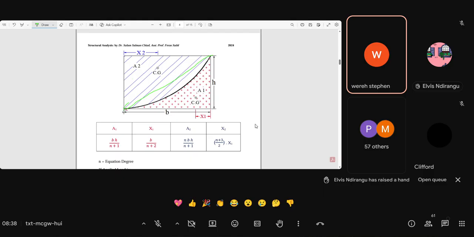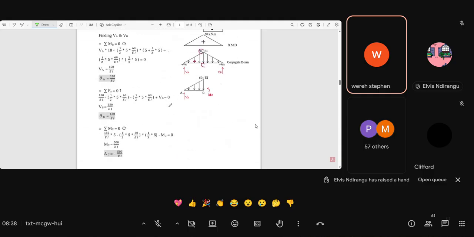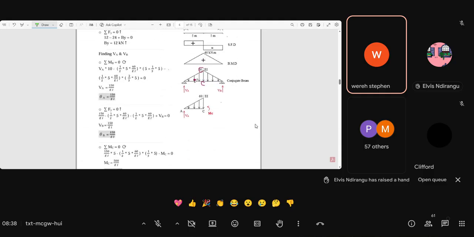From this smaller side, what is x? I said it is just 2 over 3 times the base. So the center of this triangular load is 2 over 3 times the base, which is AC, which is 5.